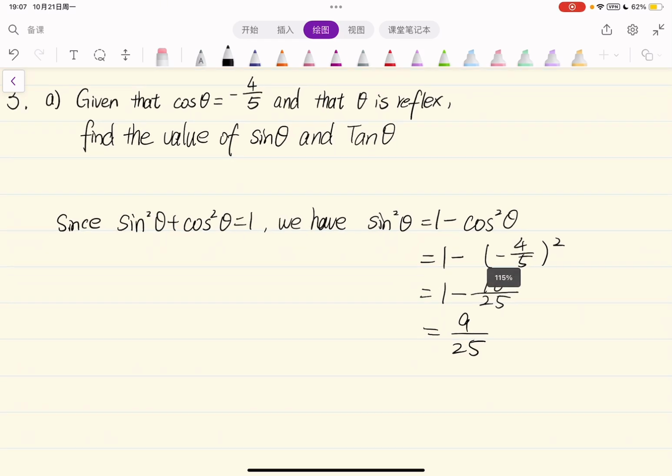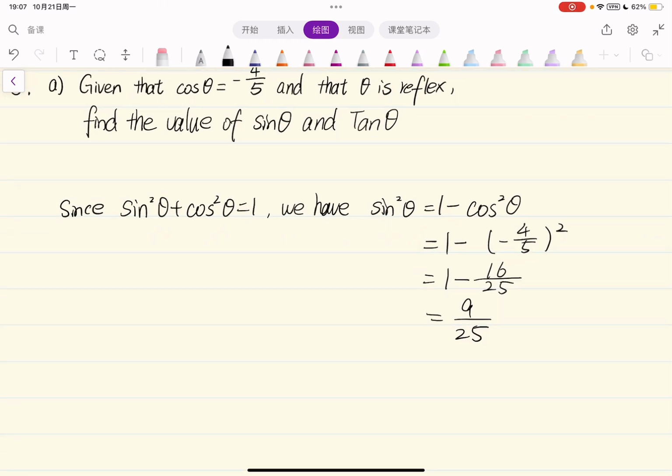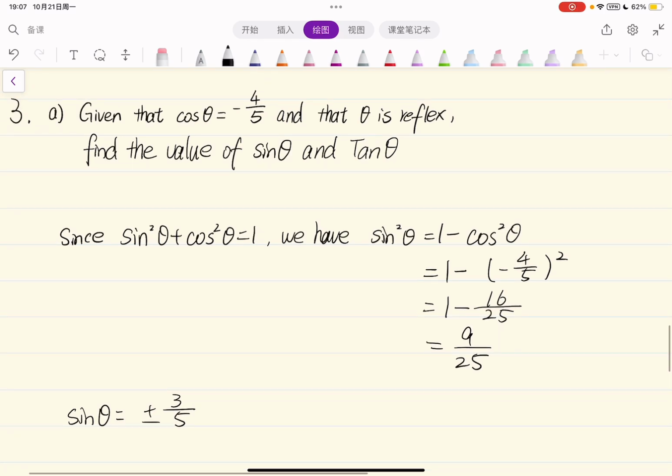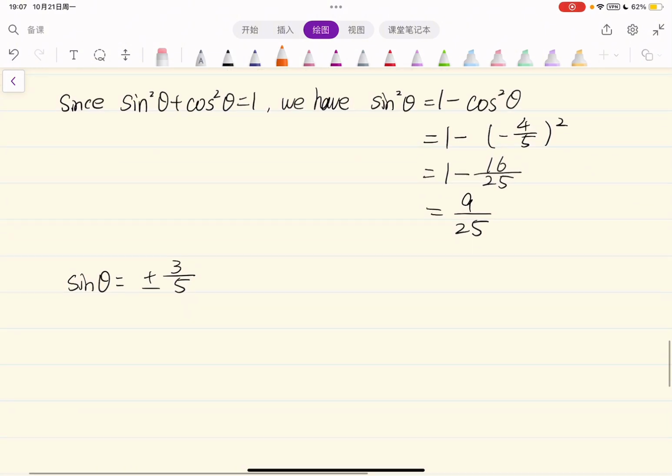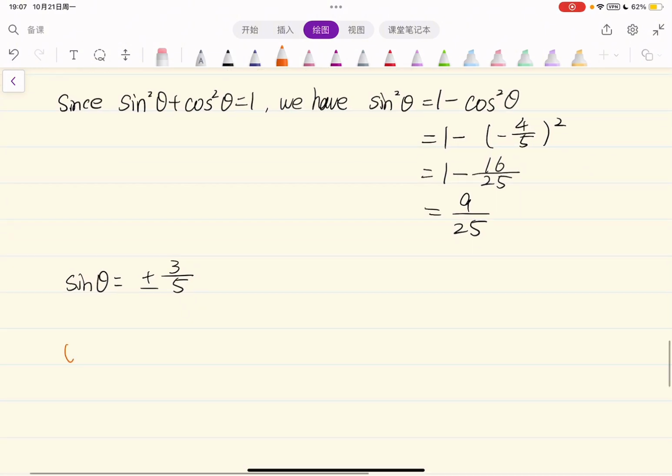So we have two values of sine theta. That is sine theta equals plus or minus 3 over 5. Well, the question said that theta is a reflex, which means theta is in the third or the fourth quadrant.